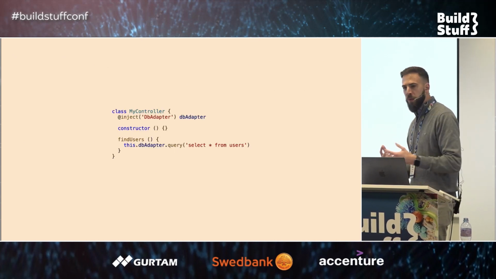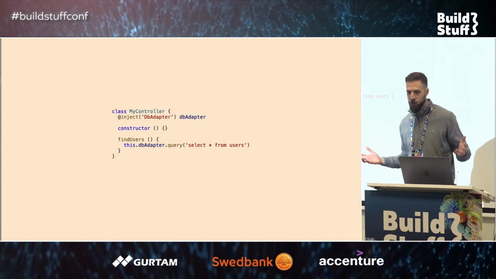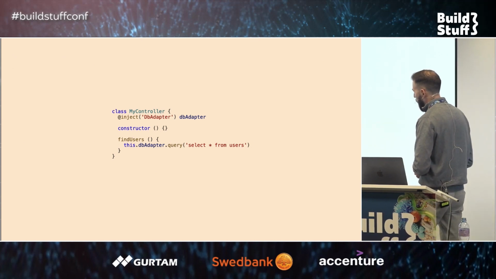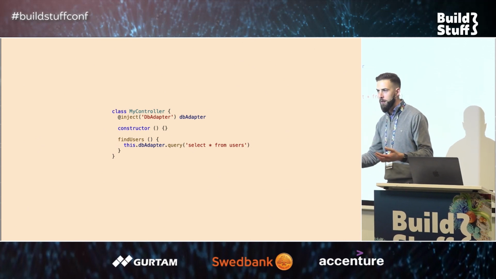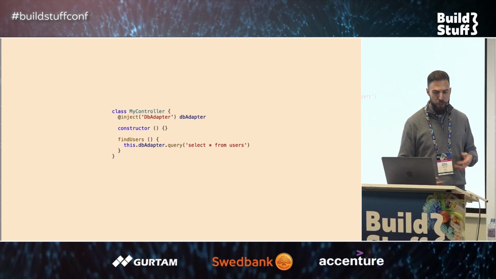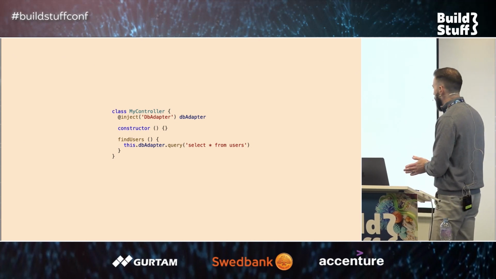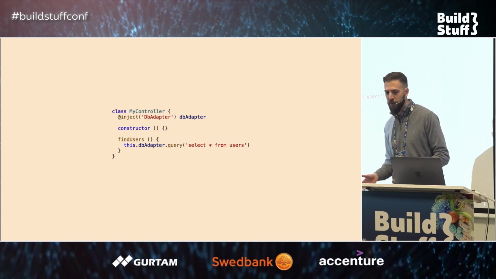Now, if we want to be able to use this somewhere, so this could be like our application controller, we have some kind of logic in there. We might have a method called find users, and in there, we want to make use of this DB adapter. We want to create a query that returns us all the users from the database, right?